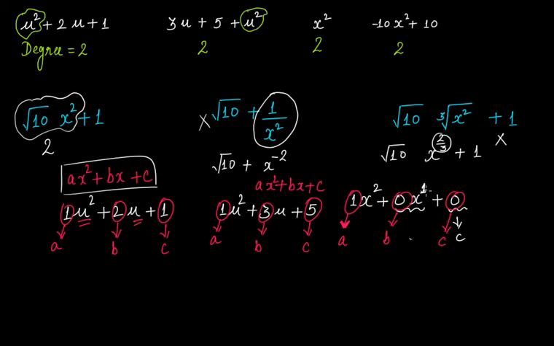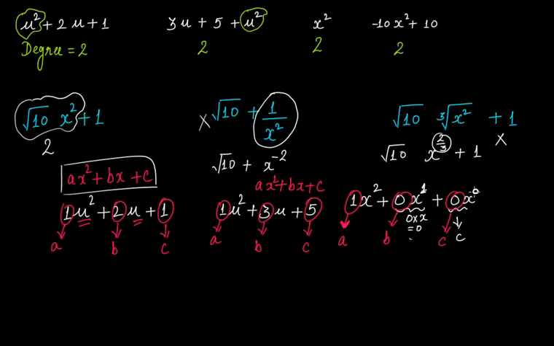This is x raised to power of 1, and this is x raised to power of 0. My mistake. So 1x squared plus 0x raised to power of 1. 0x raised to power of 1 means that it is 0 multiplied by x. That will give you 0 only, right? So that was a mistake.